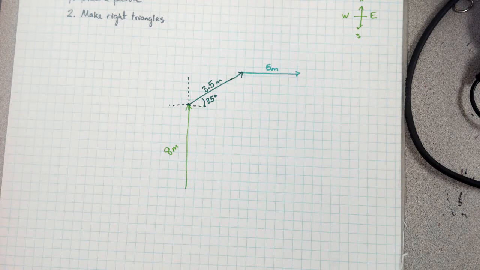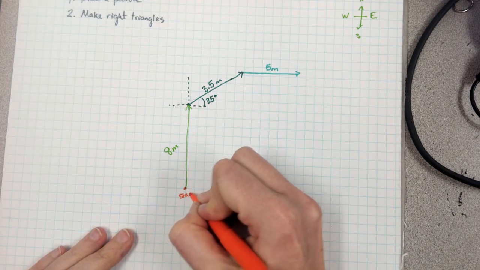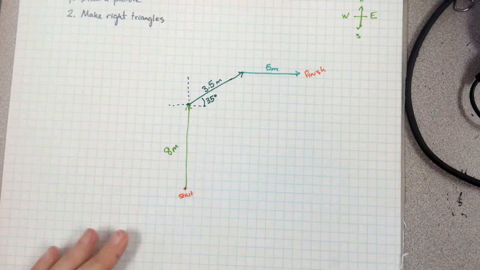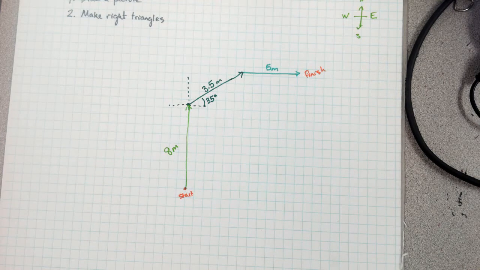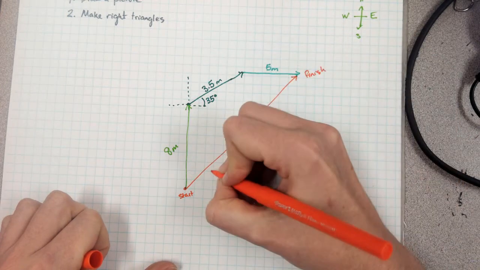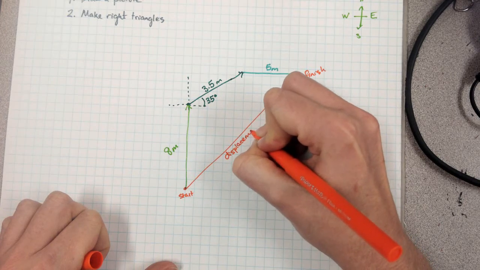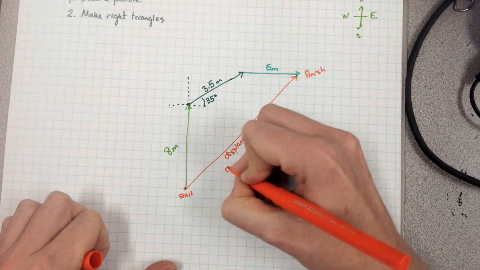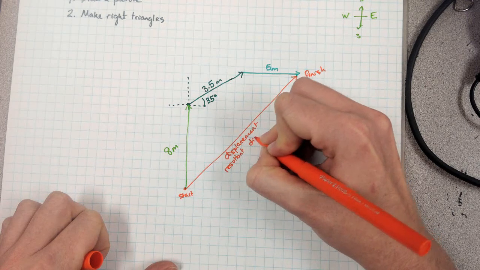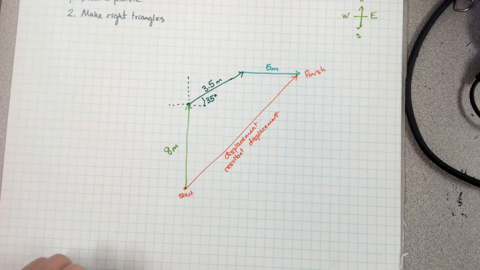We know that our rodeo clown's displacement is from start to finish in a straight line. So this is our displacement. Sometimes it'll also say resultant displacement. Those are both the same thing.